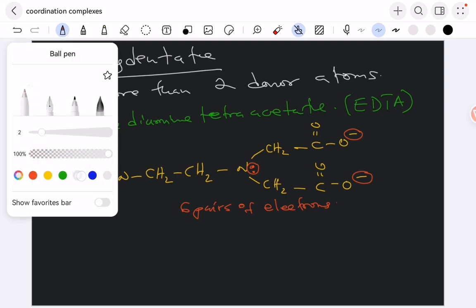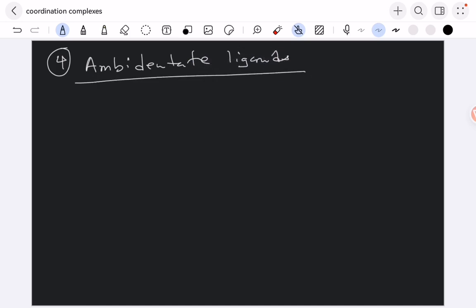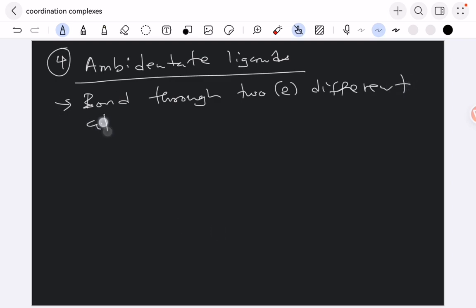Then the last one, which is the fourth one, is known as ambidentate ligands. For ambidentate ligands, usually it's about which atom is bonded directly to a metal ion. So we can say they bond through two different atoms.